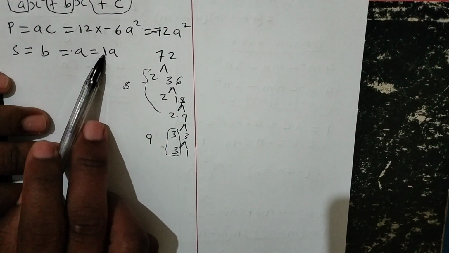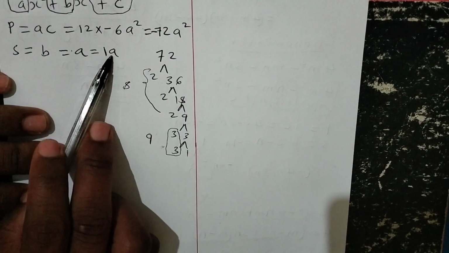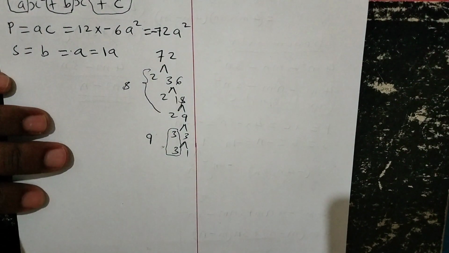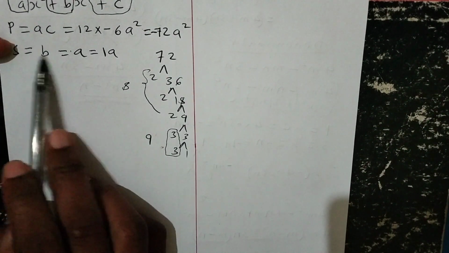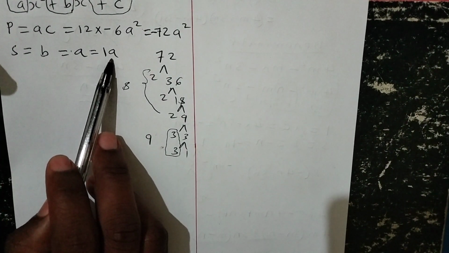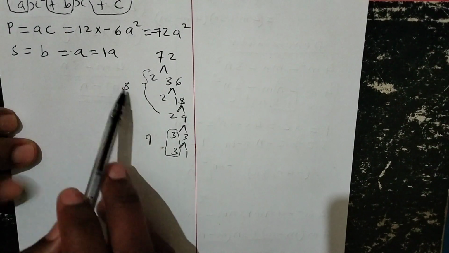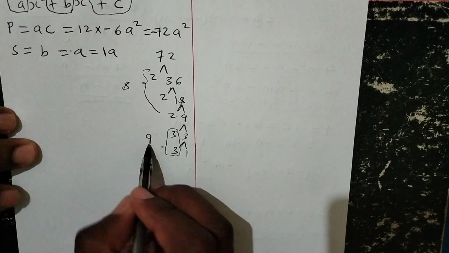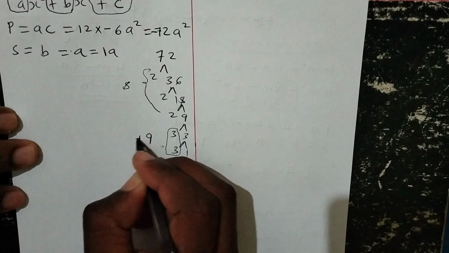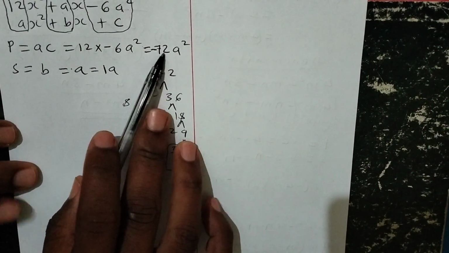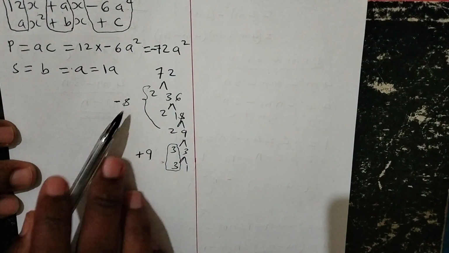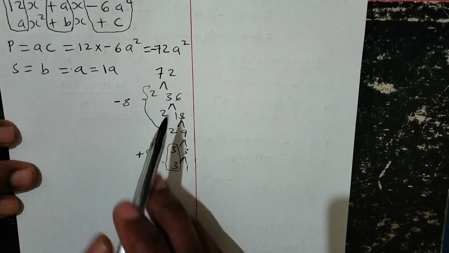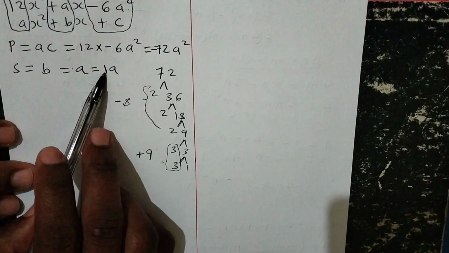So the only way that you can get a positive on the addition part is if the larger number is positive, because the final answer of a summation usually takes the sign of the larger number. So between 8 and 9, 9 is the larger number, so 9 needs to be positive. But I have a negative 72 on the product, so I need a negative on 8, so that when I multiply, I get negative 72, and when I add, I get a positive 1.